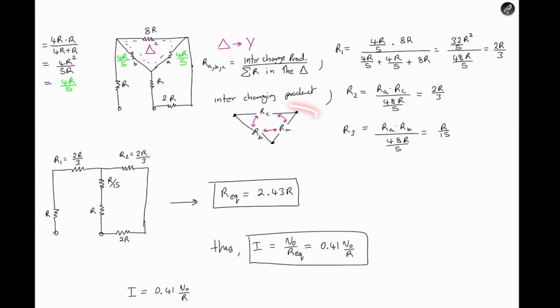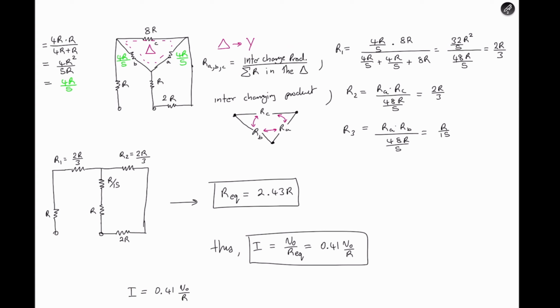So the interchanging product method is that I interchange each product in the numerator. For the first product, you'd have RB times RC. Second one, you'd have RA times RC, and then you'd have RB times RA, or you can do it back and forth. They can interchange.